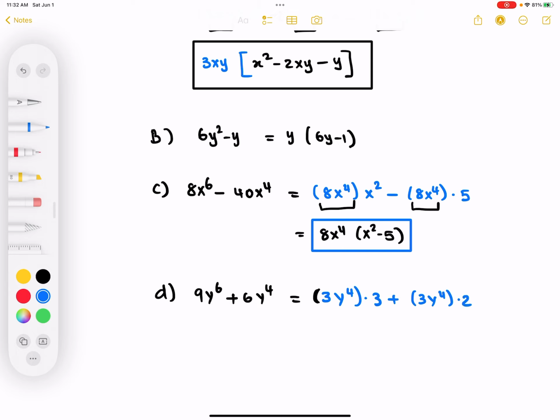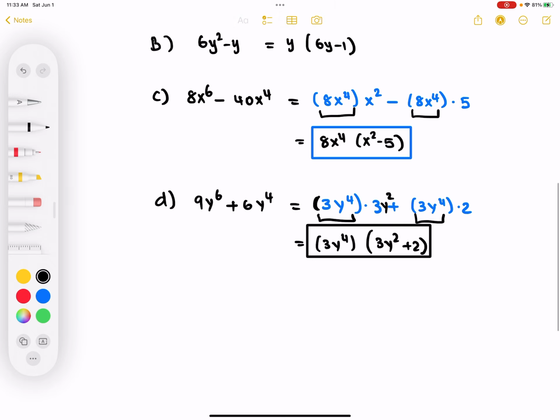Now this common factor appears in both, and the remaining is y squared. So 3y to the 4th, inside 3y squared plus 2. So this is the factoring of 9y to the 6 plus 6y to the 4th.